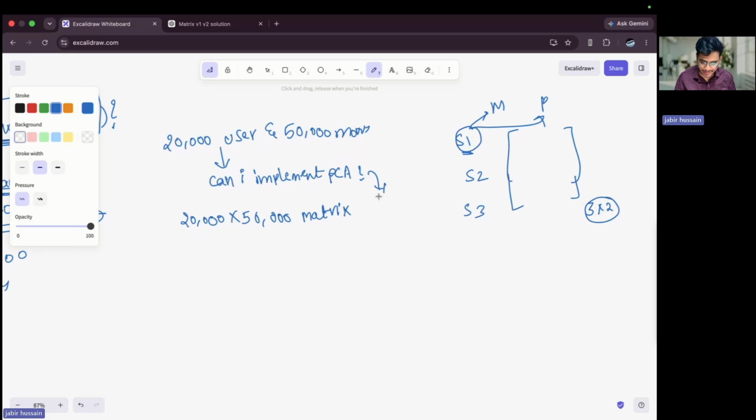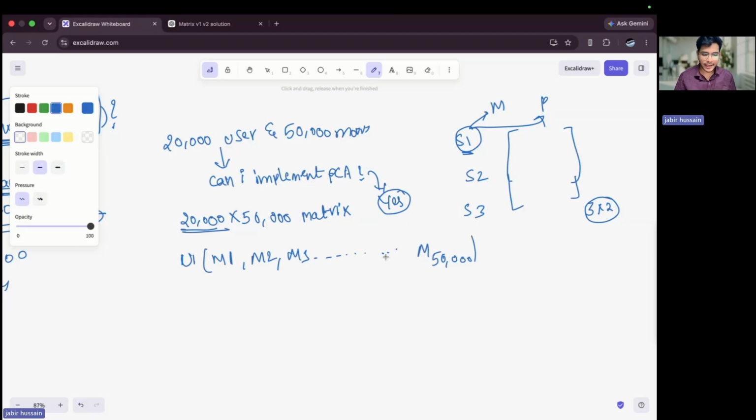The answer is yes, you can implement PCA if you assume that each user is a point. Let's say user 1 is a point and has 50,000 features: M1, M2, movie 1, movie 2. Each movie is an individual feature in itself.